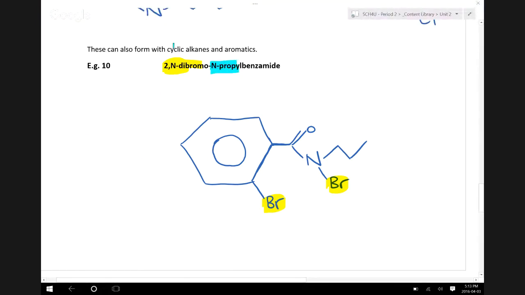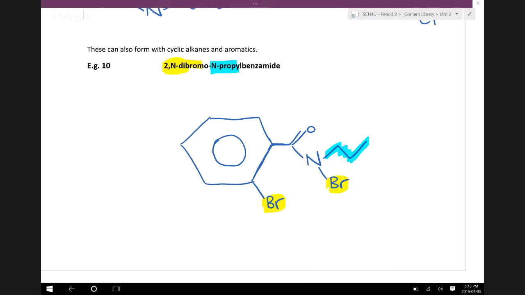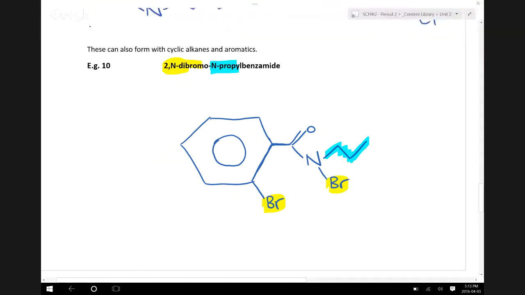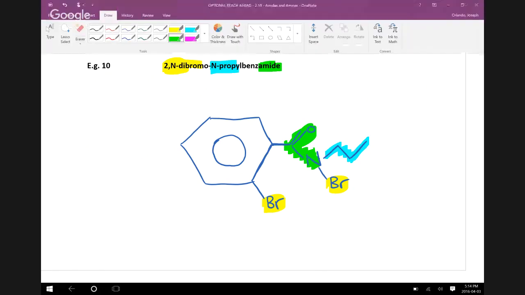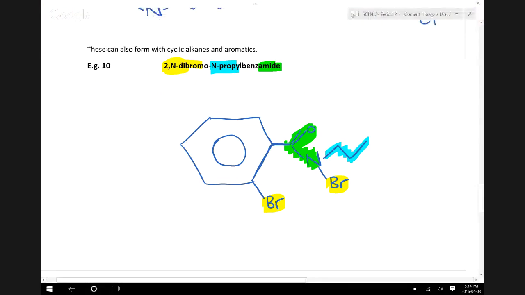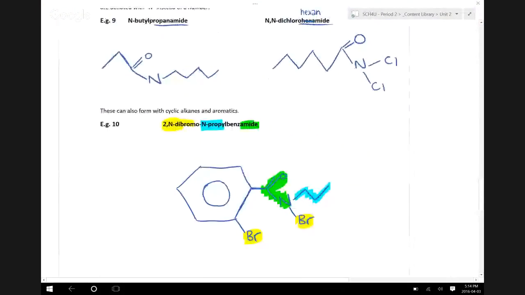Here we have the N-propyl. That's the propyl group coming off of the nitrogen. And of course, the amide itself is this group here. And so that would be 2N-dibromo N-propyl benzamide. And again, it's possible to have this on any different type of cyclic alkane, any aromatic. This is just one example.